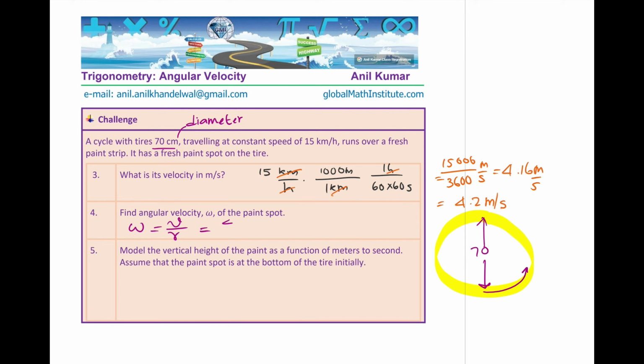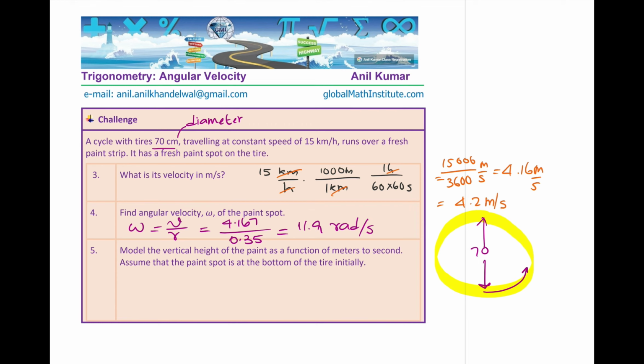We can write this as 4.2 divided by the radius, which is 0.35, half of 70, converted into meters. That is kind of important, right? So we have 4.16 divided by 0.35, and that gives us 11.9 radians per second.